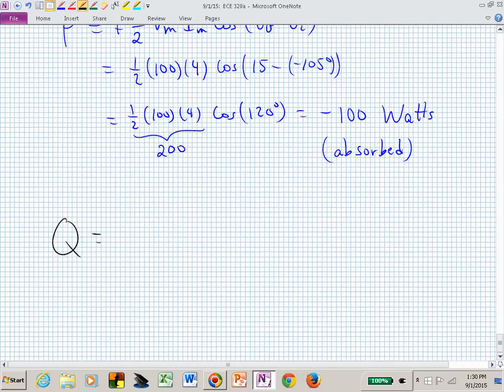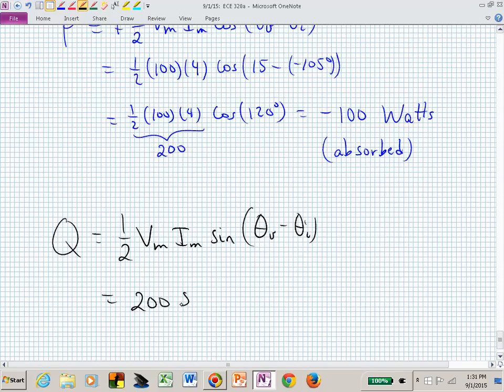We can just follow the same strategy. This ends up being 200 sine of 120 degrees, and that ends up being 173.2 VARs, and that also is absorbed.